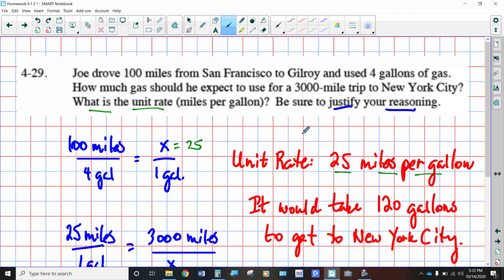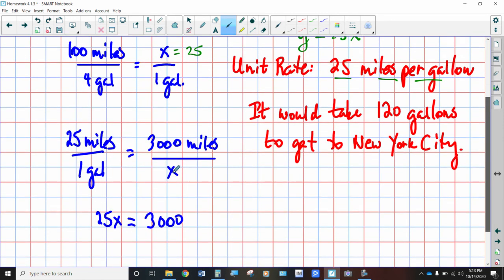So if we now want to put that into a rule, the number of miles you can go at 25 miles per gallon, if I plug in 3,000 miles here and divide it by 25, that will tell me how many gallons it's going to cost me. We can do it that way, or we could set it up as proportional reasoning, where we cross multiply and then divide.